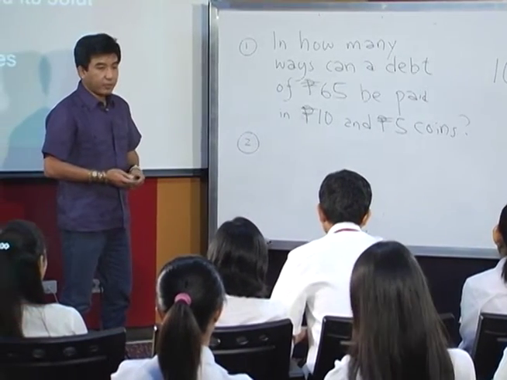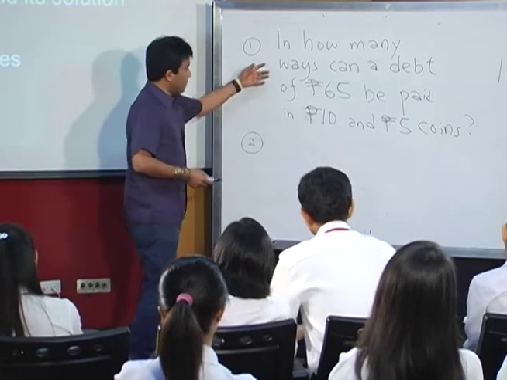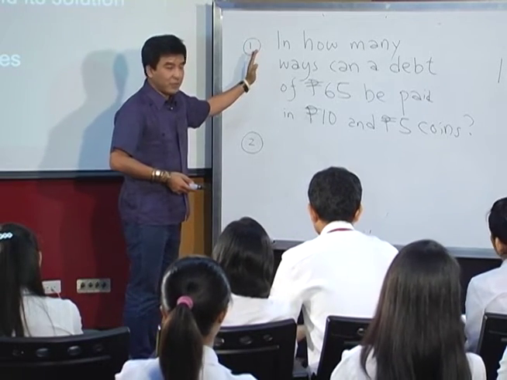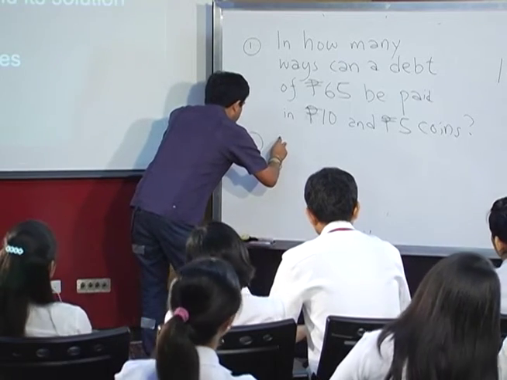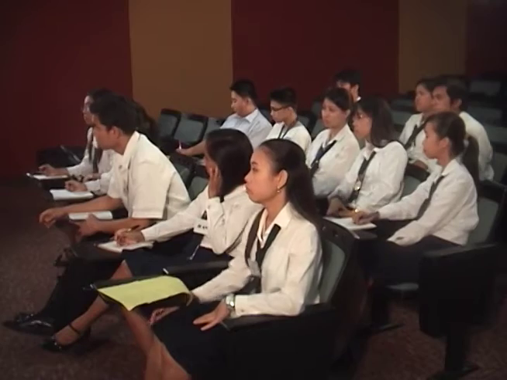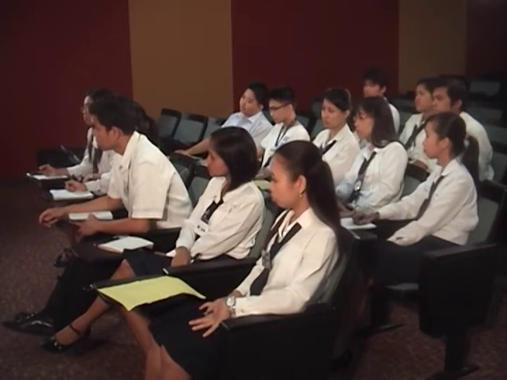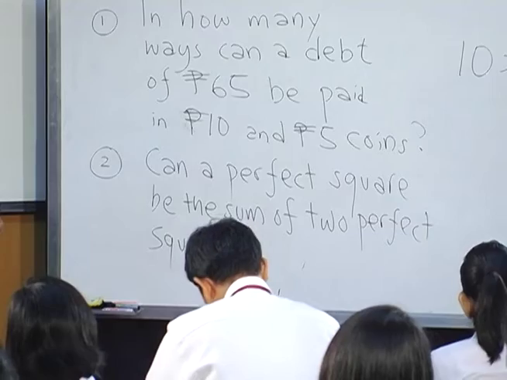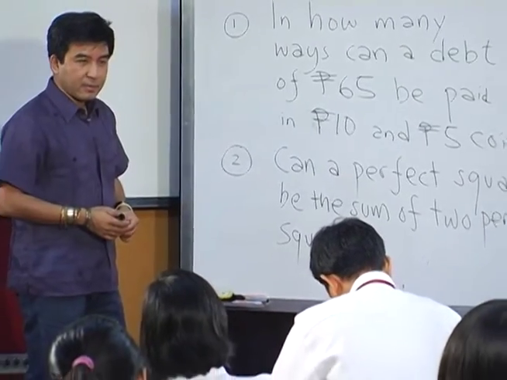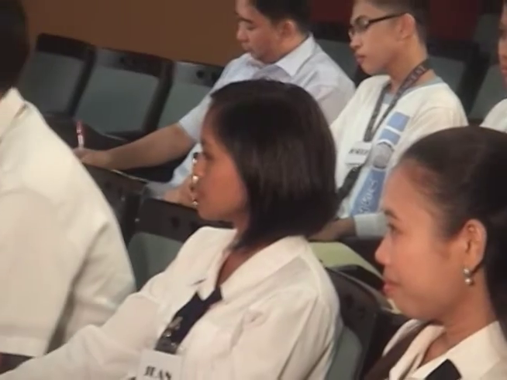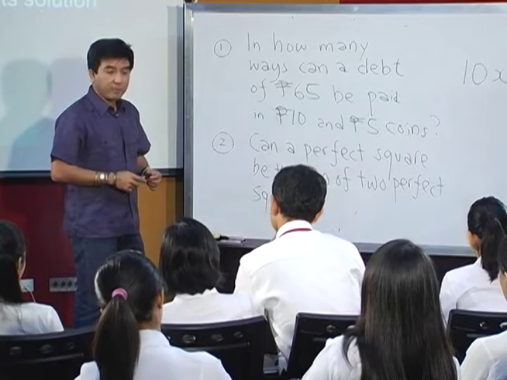I'll give you another Diophantine equation, this time asked by the Greeks. The Greeks, of course, wanted solutions to these equations. Can a perfect square be the sum of two perfect squares? Think about that question. It should be very familiar to you. Yes, Alvin. It's just an expression of the Pythagorean theorem, which is c squared is equal to a squared plus b squared.